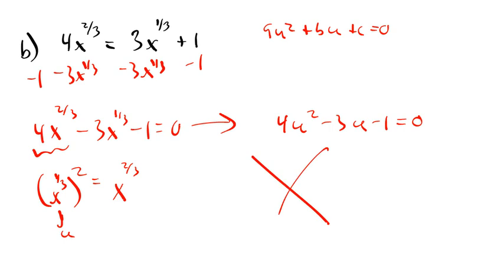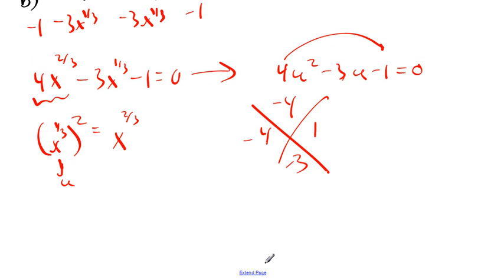Let's try factoring this. 4 times -1 is -4, and then we put the -3 on the bottom. So two numbers that multiply to give us -4 and add to get -3. I believe it's going to be 4 and 1, but we need a negative on the 4, because -4 times 1 is -4, and -4 plus 1 is -3.